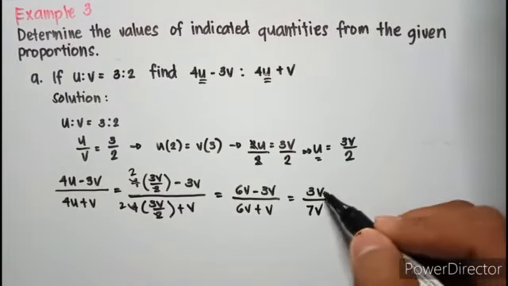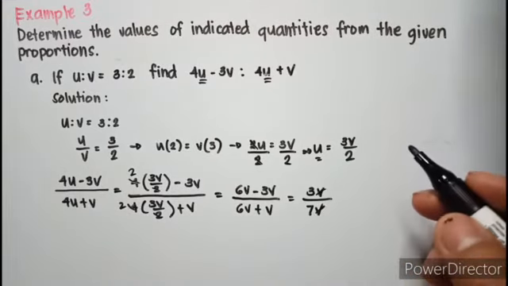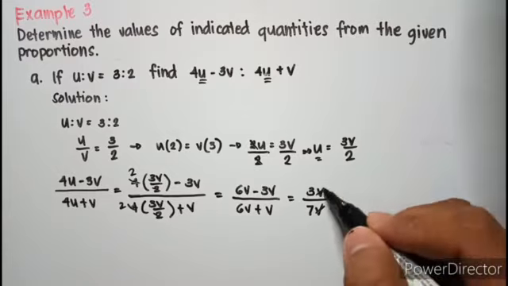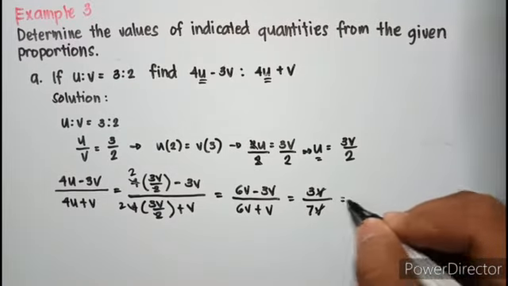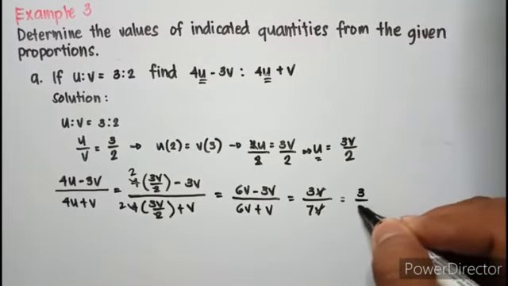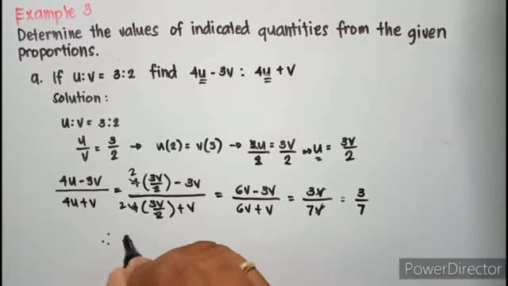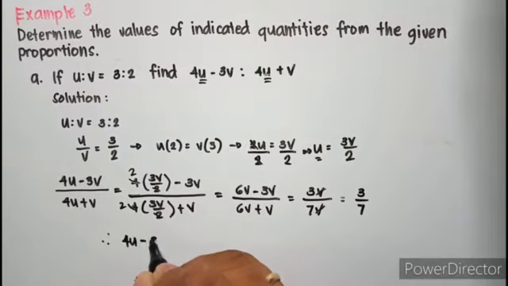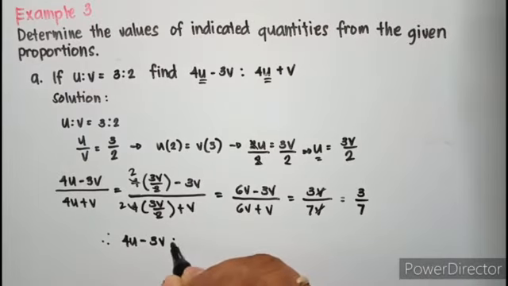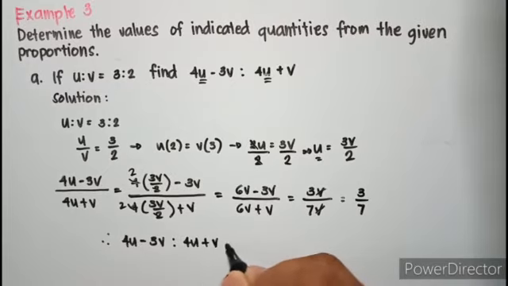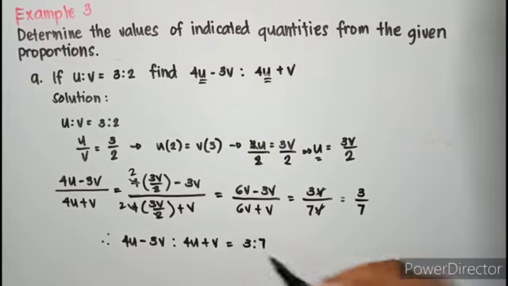Then let's cancel V. So that will become 3 over 7. So therefore, 4U minus 3V is to 4U plus V is equal to 3 is to 7.